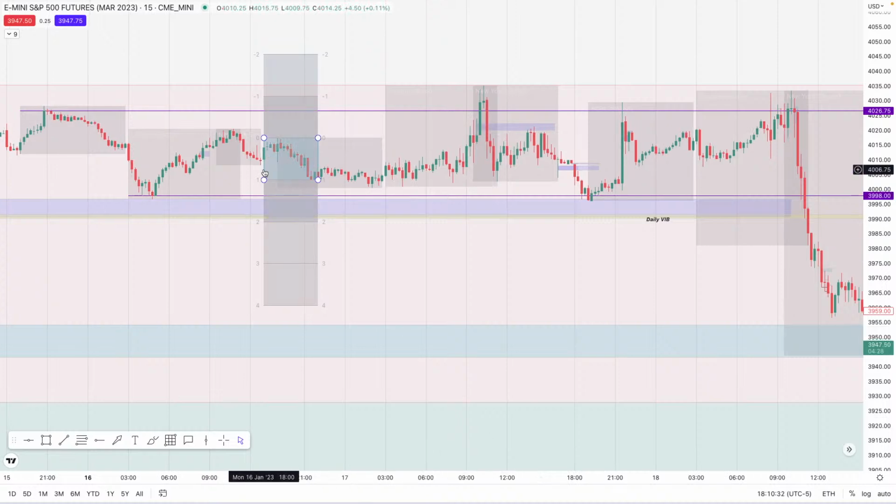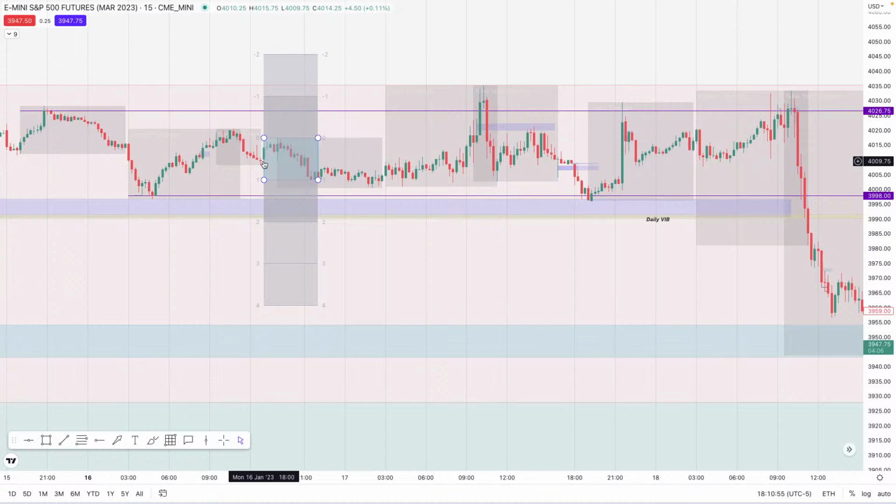All right, what do we got here? Monday. Okay. Here's the GANN box that I use to find the central bank dealing range. So this is what I have marked off.